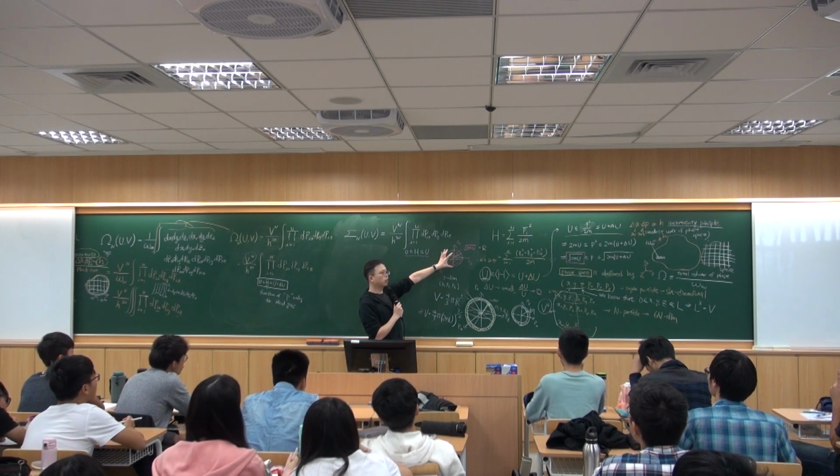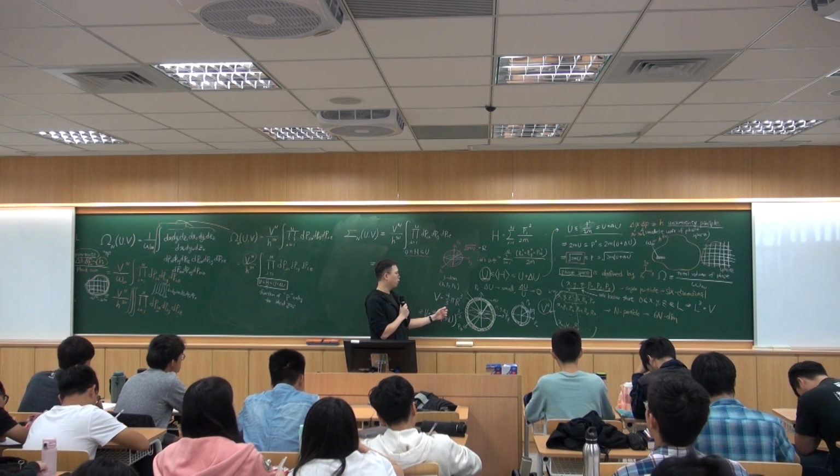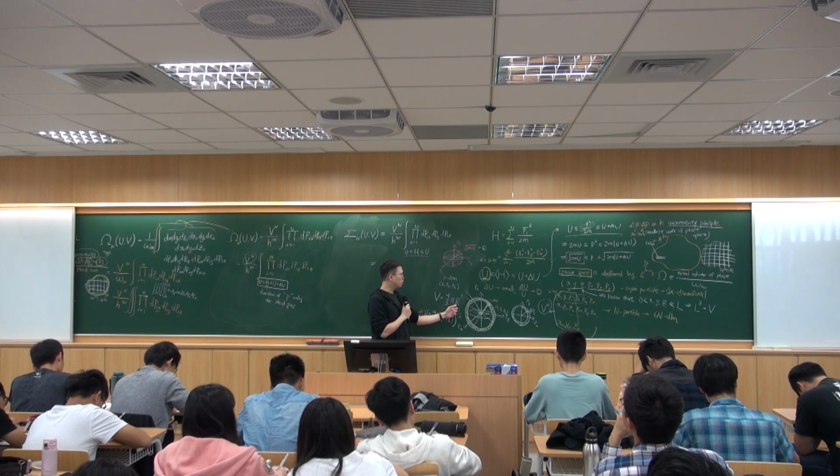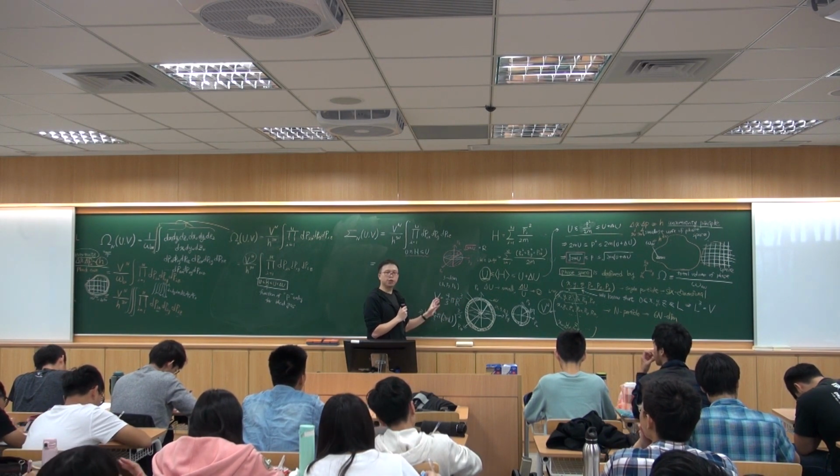If we're dealing with this sphere, the volume is 4 pi over 3 times r cubed, because this is a three-dimensional space.